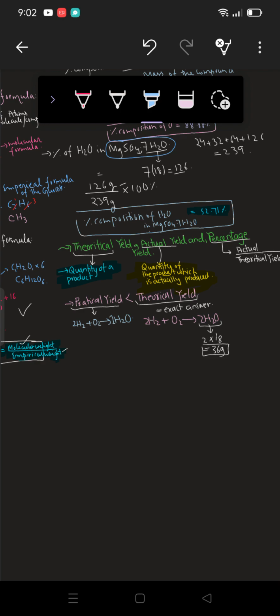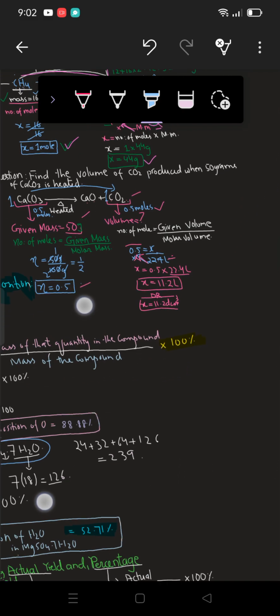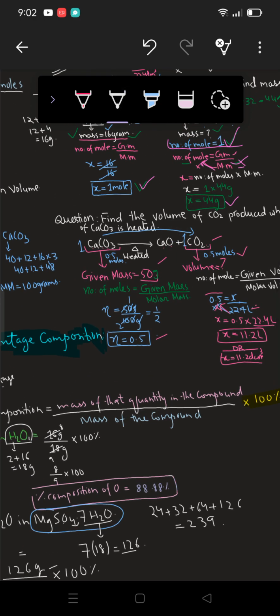Alright, now I hope this topic is very much clear to you. Let me repeat from the start what I have taught today: theoretical yield, actual or practical yield, and percentage yield, right? Theoretical yield is something which we calculate. Alright, it is theory. For example, we have solved some numericals in which we were calculating the number of moles, mass, and volume in the chemical equation. That was basically theoretical yield.